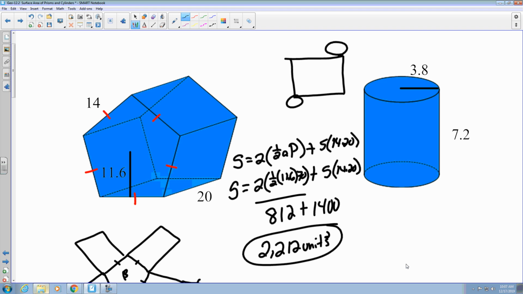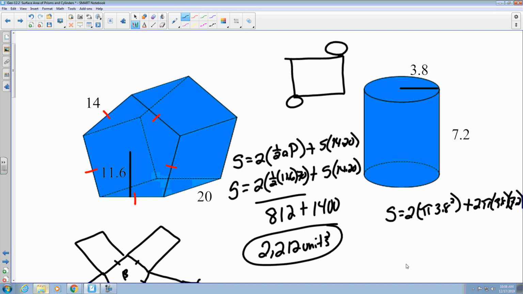For the surface area, the surface area is going to be 2 times the area of a circle, which is pi r squared, which is 3.8 squared, plus 2 times pi times 3.8 times the height, which is 7.2.